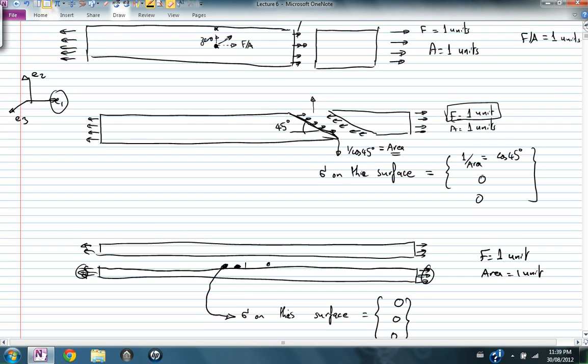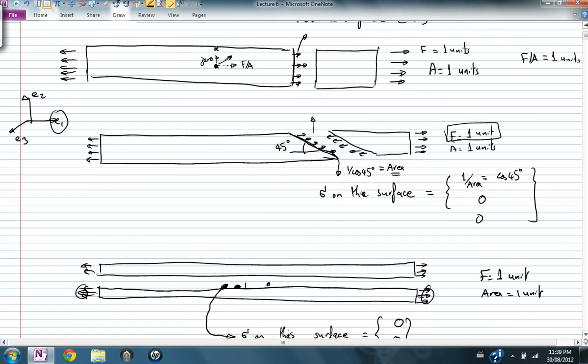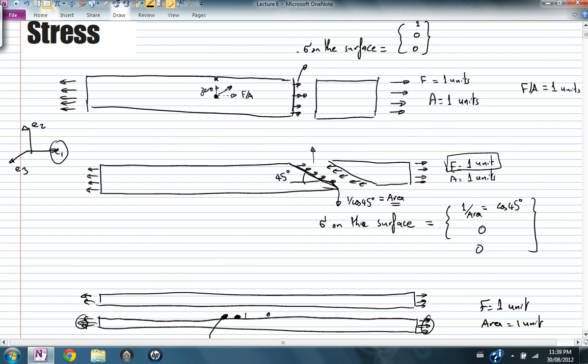So it turns out that the stress on the surface depends on the orientation of the surface. And so I'm not really able to give you a value of the stress at a point unless you tell me what the orientation of the surface that you're describing is. Because if you're describing the vertical surface, I get a certain stress vector, or as I'm going to call later, traction vector.